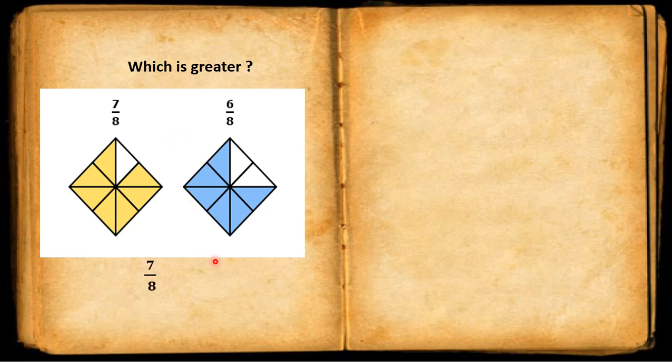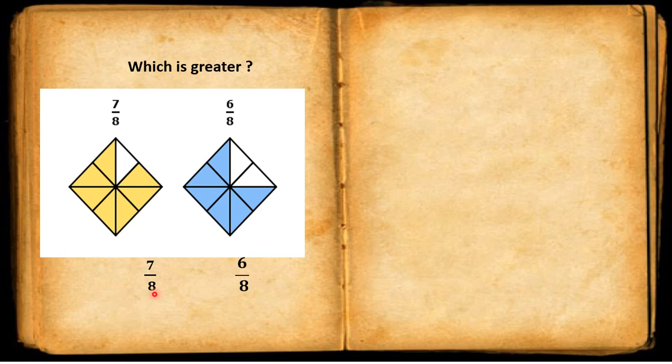So 7 by 8 and 6 by 8. As we have to compare these two fractions, first we have to observe the number of parts in each figure, that is 8. Here also 8. When the number of parts are equal, then only we can compare.